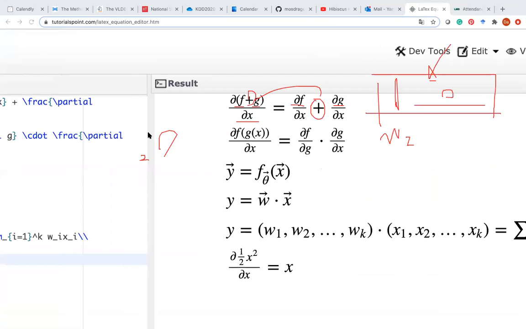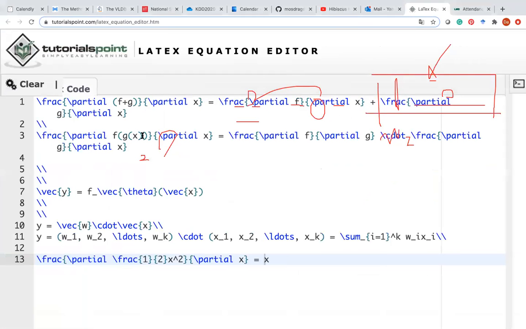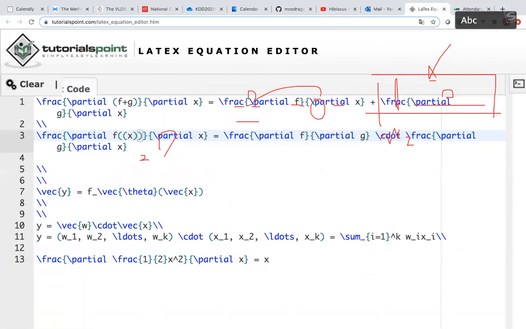Basically, I just keep the notation simple.